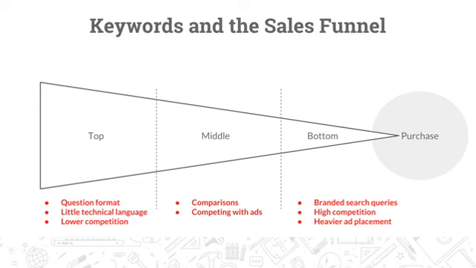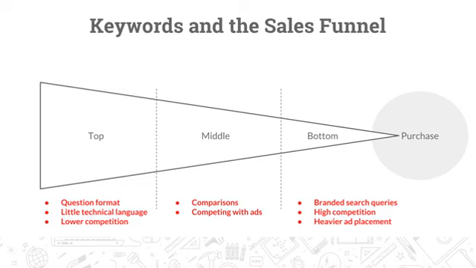In the middle of the funnel, the types of queries become more like comparisons. So this option versus that option, or compare these two options. That's very middle of the funnel types of queries. If you search for something like that, you're going to see a middle of the funnel kind of result. You'll start noticing that ads begin showing up in the search engine result pages in middle of the funnel queries.